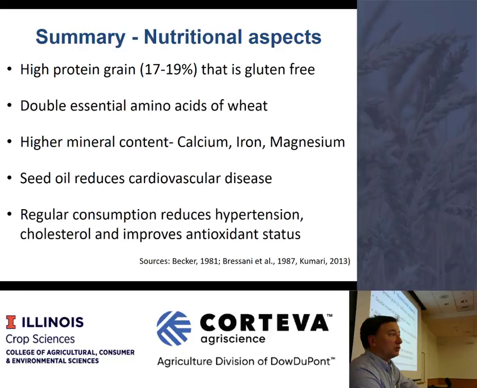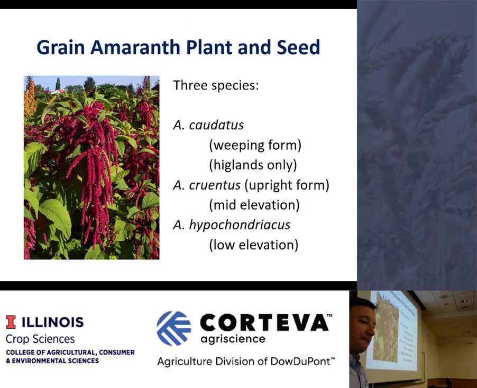It's also got squalene, which we were discussing as seed oil, in a small amount, because it's not a very oily crop. And that can reduce cardiovascular diseases and also control hypertension, cholesterol, and some antioxidant status. So a lot of that is hypothetical, but it's worth thinking about amaranth as a diversification tool in the diet.